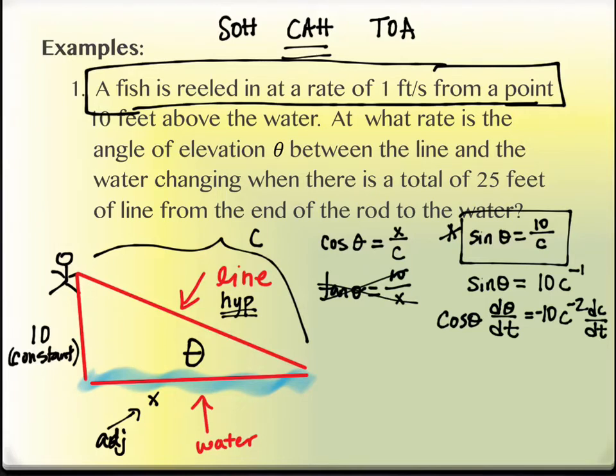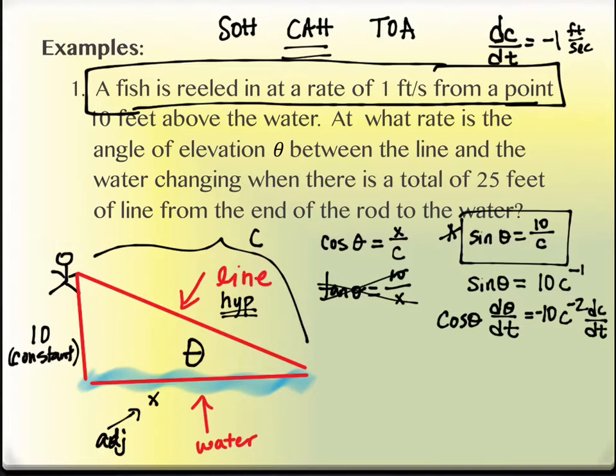C. Because it says fishing line, and the fishing line is what we called c, right? So this is talking about dc dt. And it's bringing it in, which means it's actually negative 1 feet per second. Does everybody get why it's negative? Okay, it's getting shorter. The fishing line's coming in. If the fish were pulling it away, it could be getting longer. You could change the problem a little bit so it would be positive.